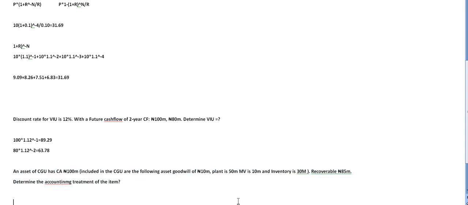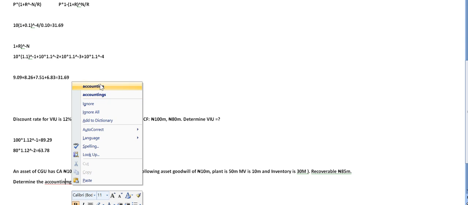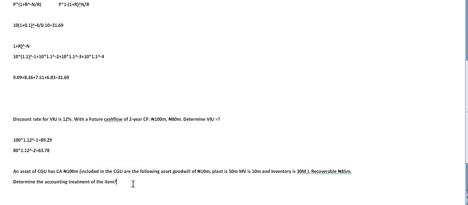Now, what is the first step? The first thing first is for us to determine the impairment, if there is any. Can we still remember that? So the first thing is determination of impairment.